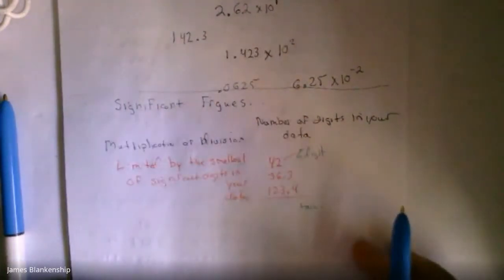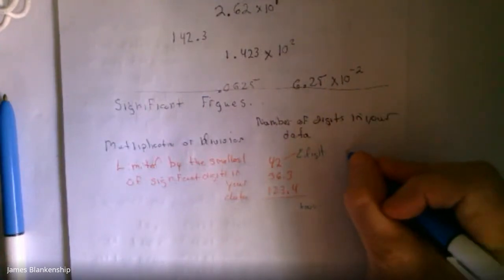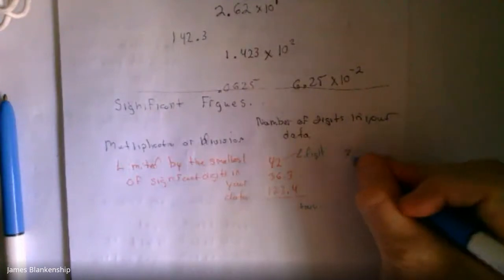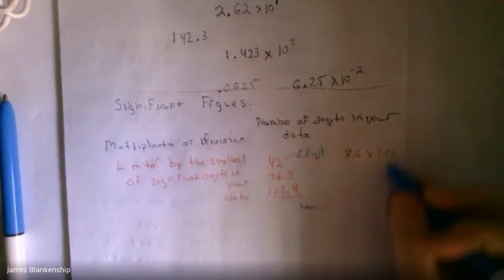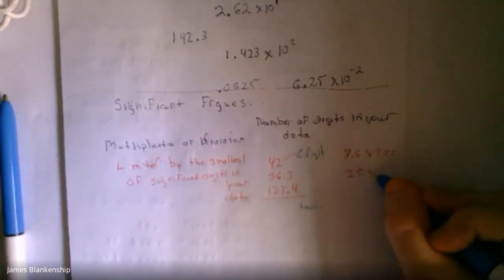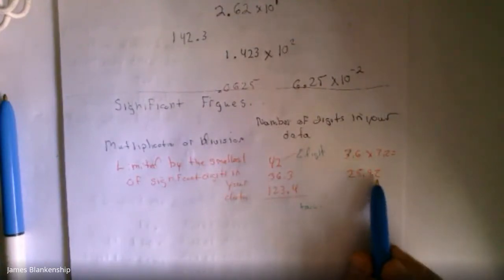That's because in science, if we were to say, let's do this one, 3.6 times 7.2, when we multiply that out, we have 25.92. In science, that is implying that you are accurate out to your 100th place.